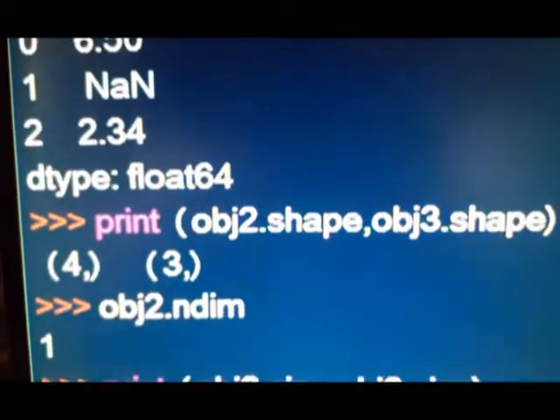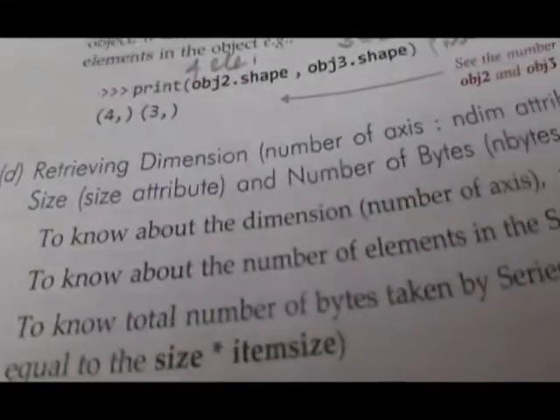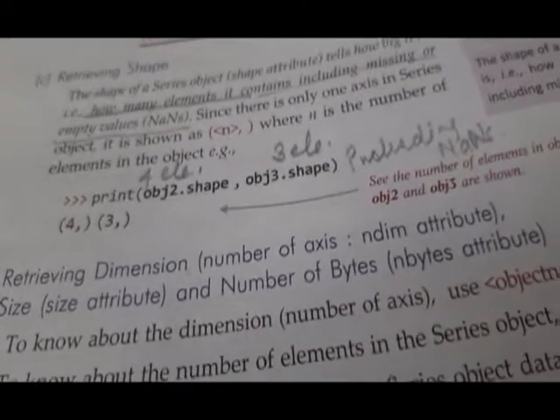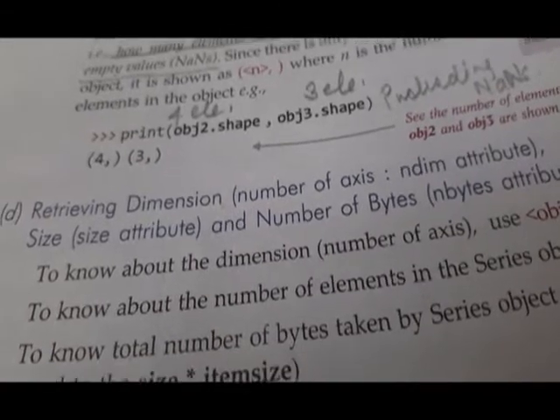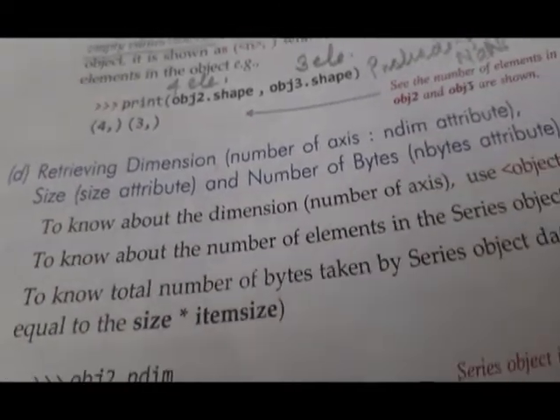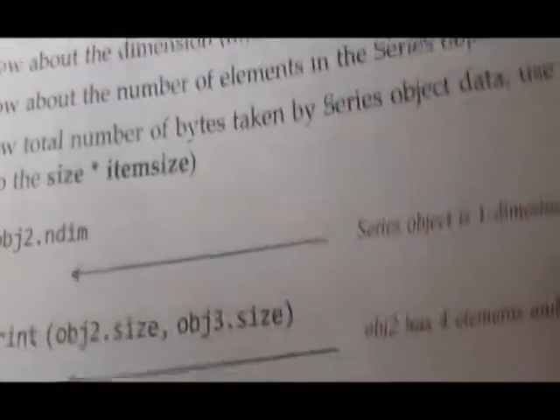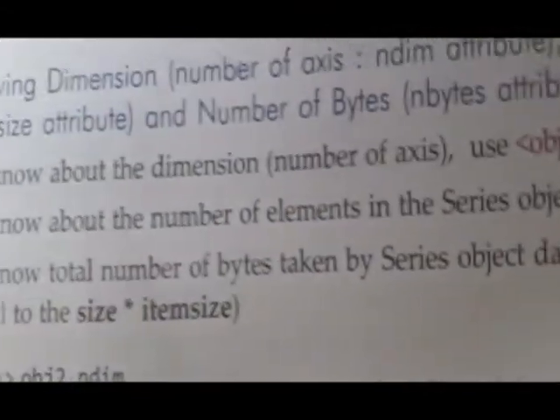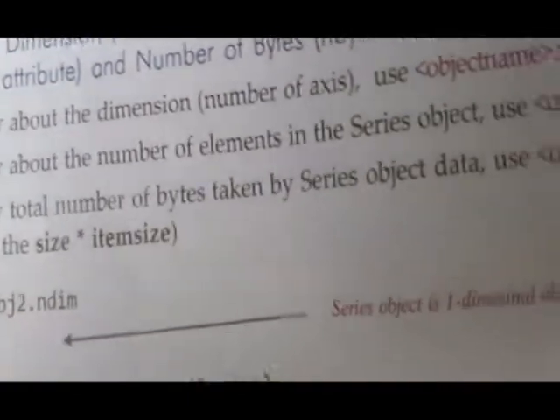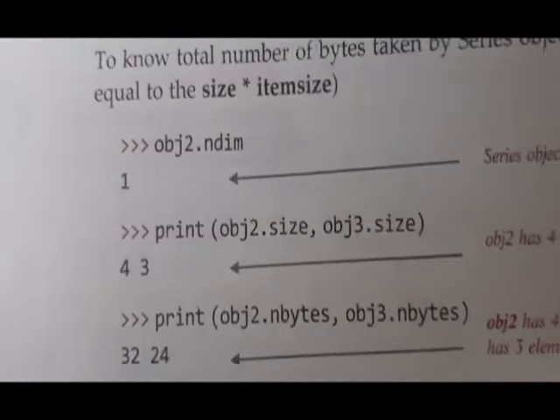Then we come to some more attributes: ndim, then size and nbytes. Ndim attribute, size attribute, and the third one is nbytes attribute. You can see here obj2.ndim is 1.